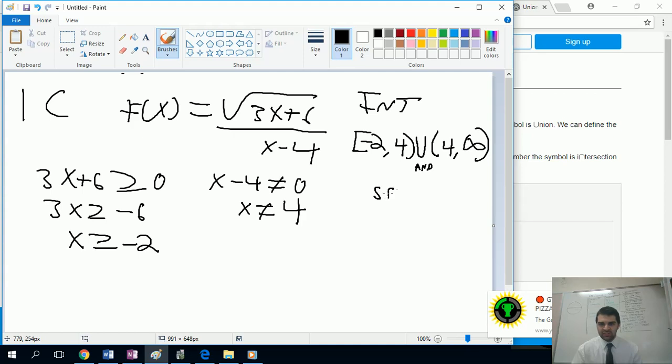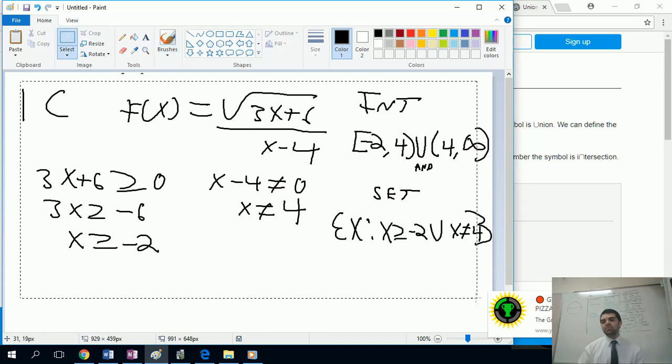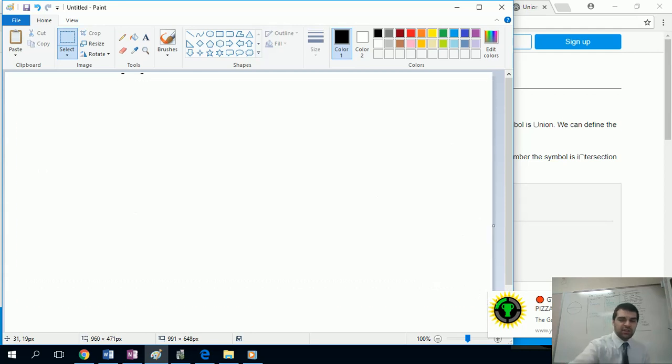As far as set notation, we can have x such that x is greater than or equal to negative 2, and that x is not equal to 4. Close the brackets. Alright, that's 1c. For the 1d, at any point you can pause this, ask me questions. I should be in the classroom while we're doing this, so you can ask me questions as well.